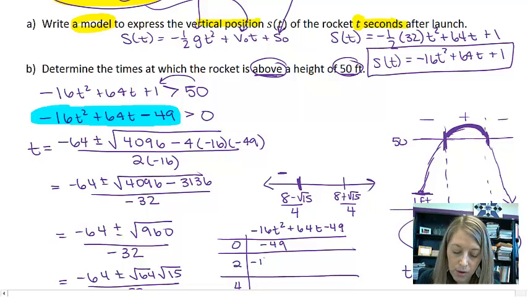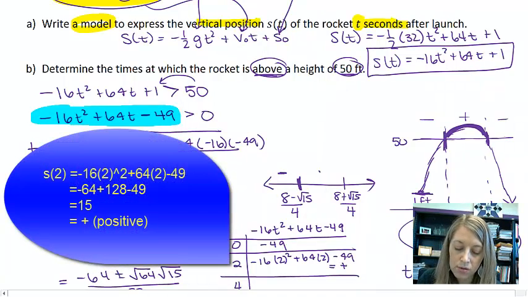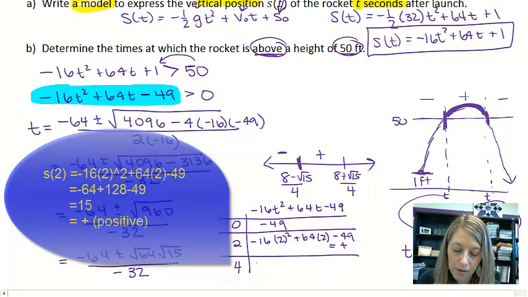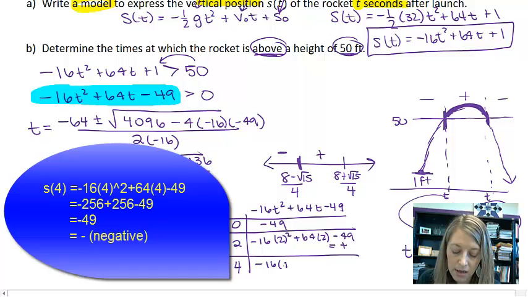If I plug 2 in, it gives me negative 16 times 2 squared plus 64 times 2 minus 49. If you do all the work, you see that that's positive. And last, if I plug 4 in, negative 16 times 4 squared plus 64 times 4 minus 49. If you do all the work there, you see that that comes out to be negative.